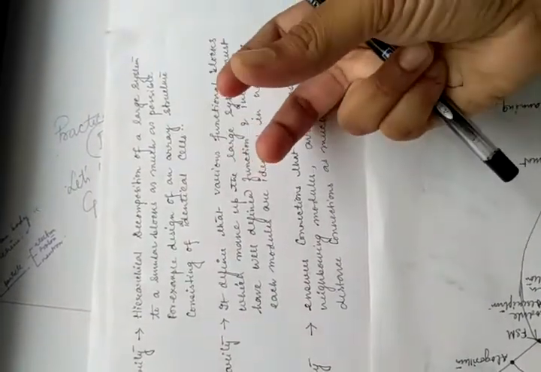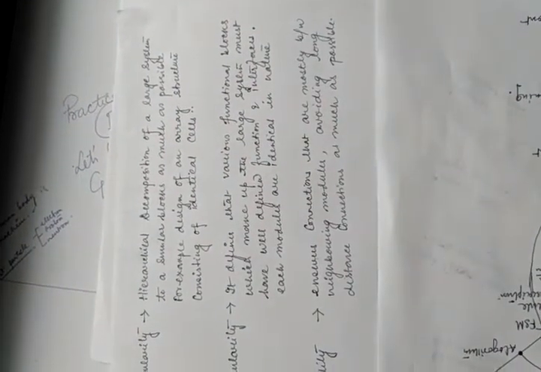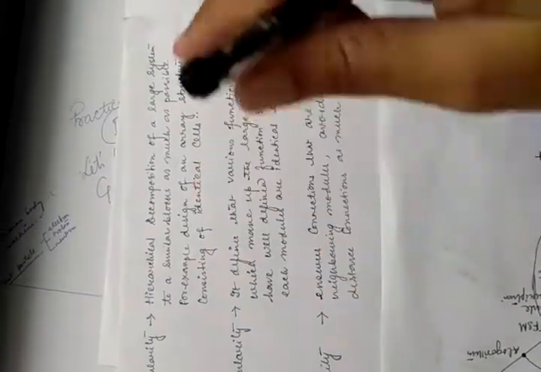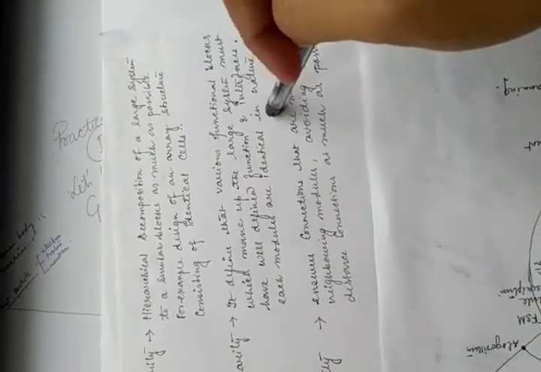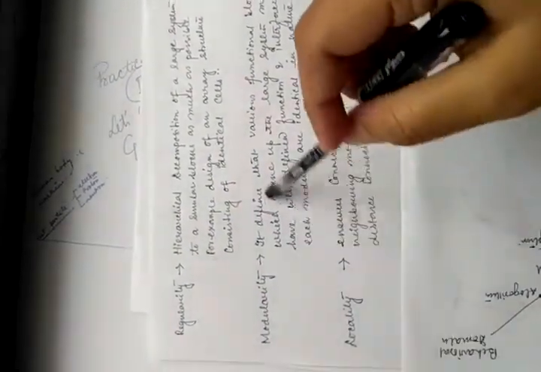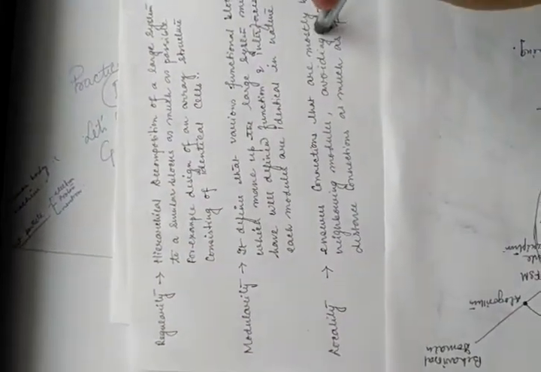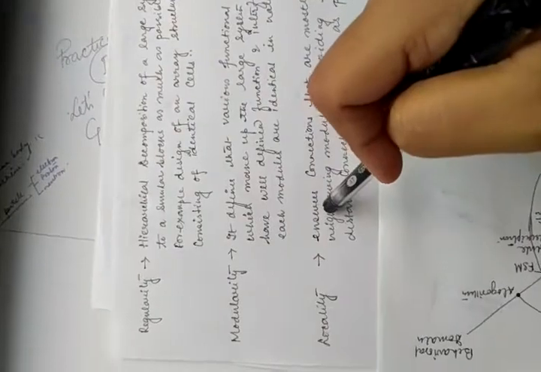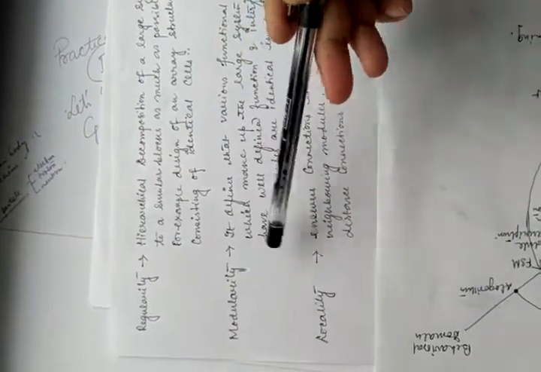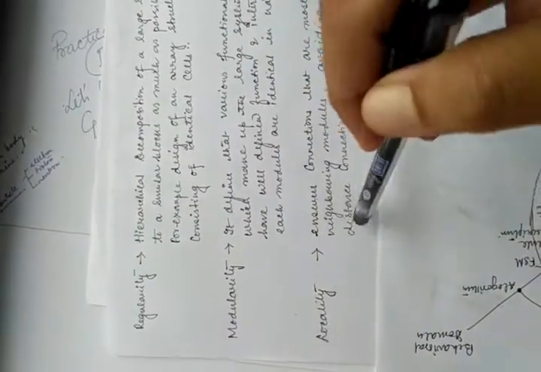Because the area is small, the modules will be adjusted in this smaller area, so we have to avoid long distance connections as much as possible, and this way of making the overall connection between the modules, between the blocks, is known as your locality. So three important design parameters are there: regularity, modularity, and locality.